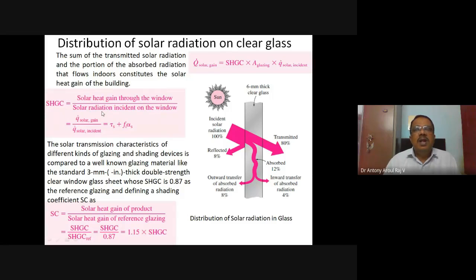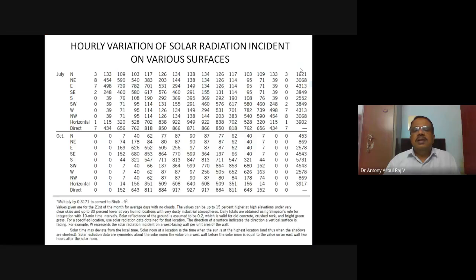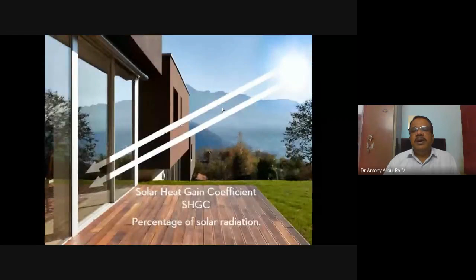Now if this coefficient is given, when you are going for a cooling load calculation, or for an energy simulation calculation, you can take this SHGC coefficient. This is the solar radiation, Q dot solar radiation, that we have seen. This is the radiation incident at any particular point of time.